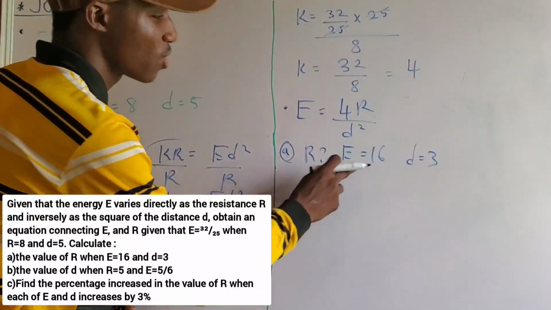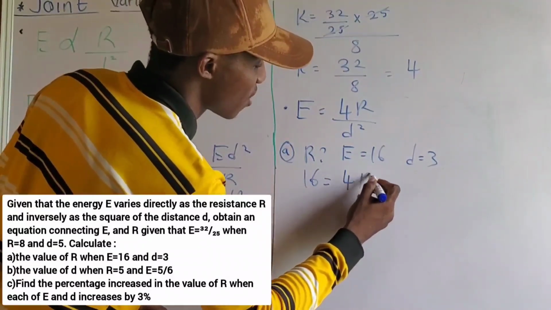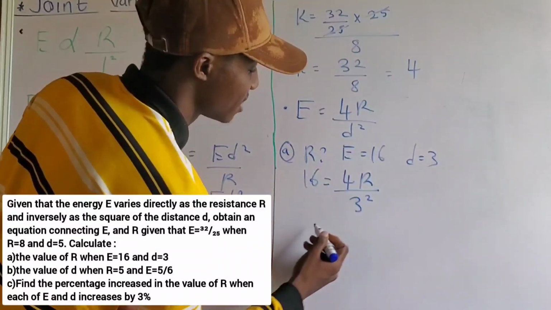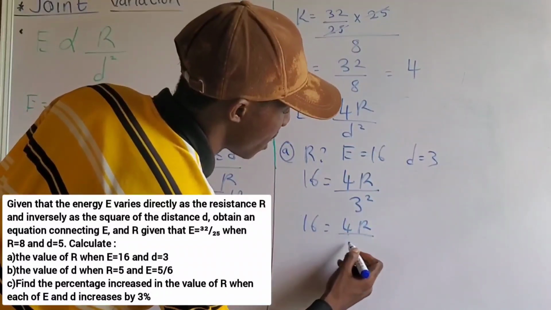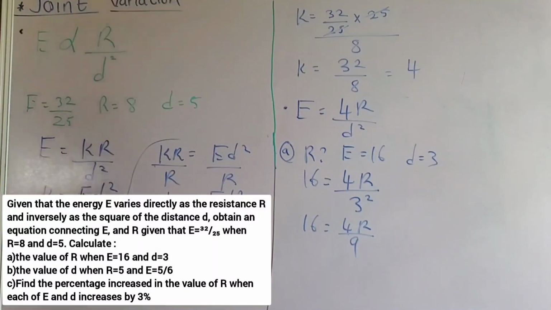Okay, so E equals 16. I'm going to have 16 equals 4 multiplied by R, R is what we are looking for, all over 3 squared, right? So I'm going to have 16 equals 4R all over 9, right? Are you getting it? So from that place we can take the cross product. You understand? 16 multiplied by 9, that is 144.